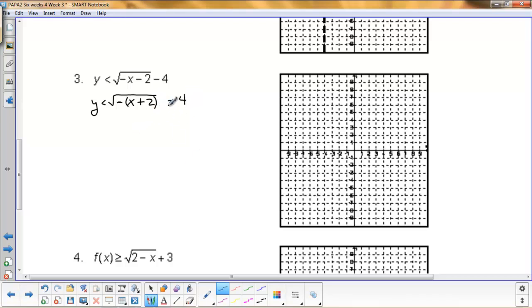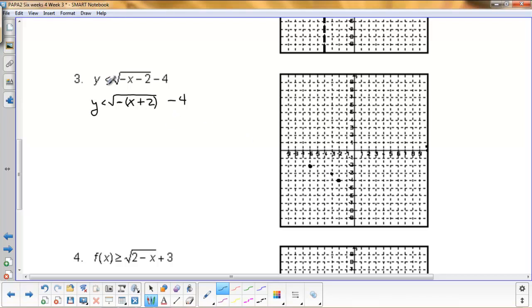Now we have 3 transformations going on. Left 2, down 4, reflection across the y-axis, or reflection horizontally. So we'll go over 2, down 4, put our dot, and we have no stretch or compress. When normally we would go to the right, now we'll reflect across to the left, over 1, up 1, over 4, up 2, and over 9, up 3.